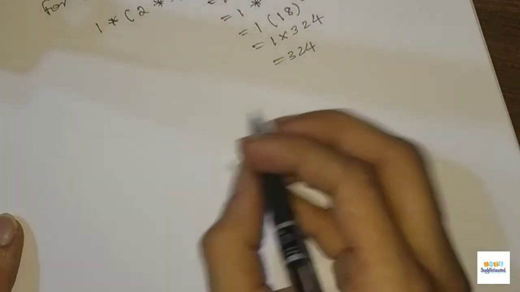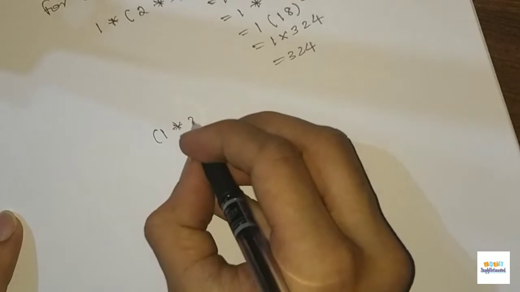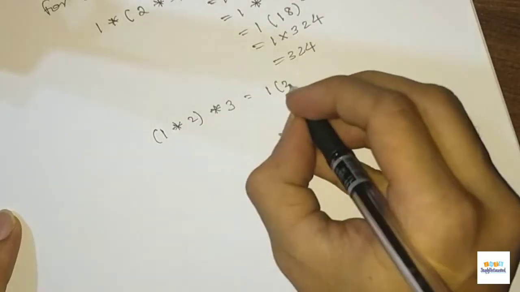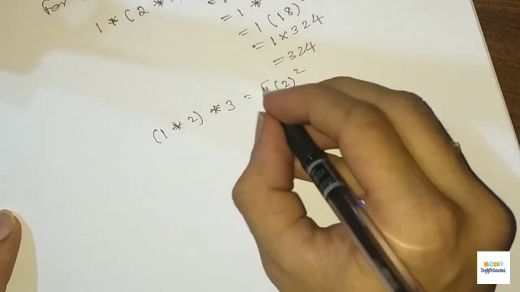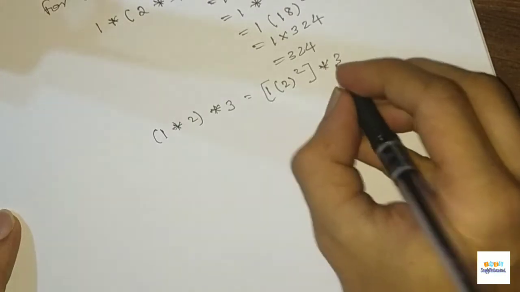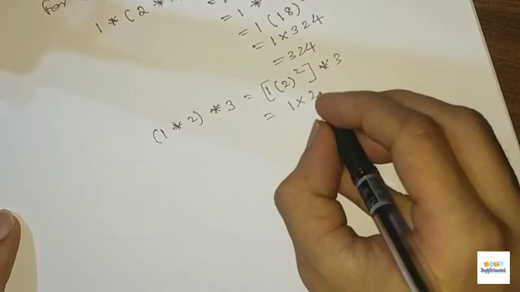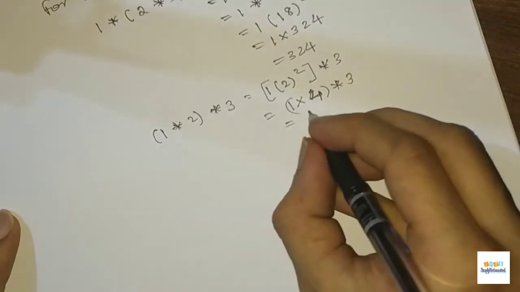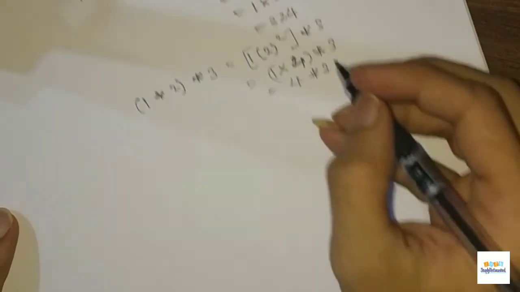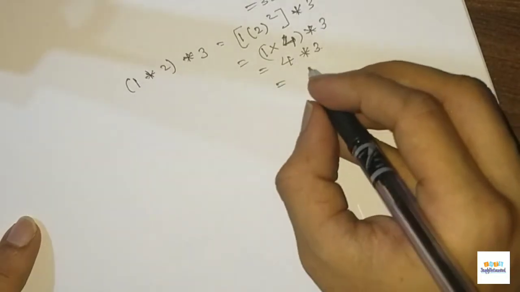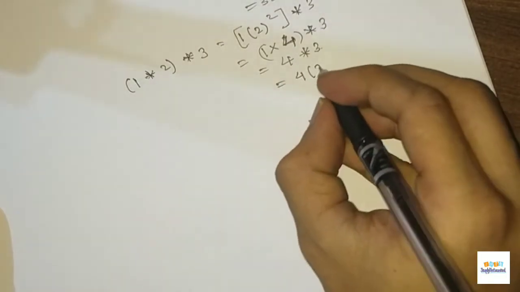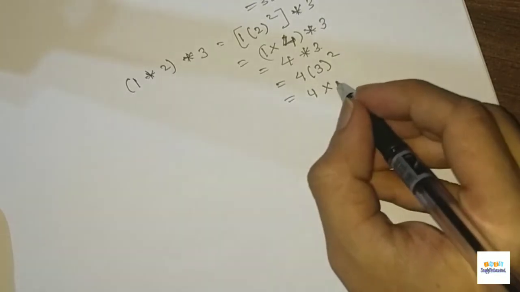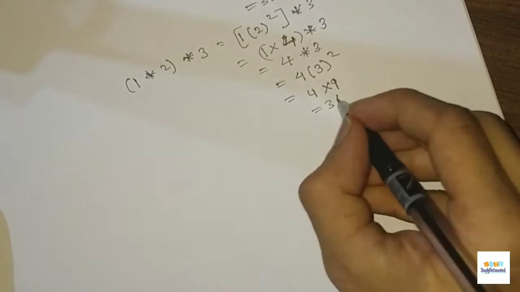Now let us take (1 star 2) star 3. This will be 1 multiplied by 2 square, star 3, which is 1 multiplied by 4, star 3. So this is 4 star 3. Now what is 4 star 3? It is 4 multiplied by 3 square, which is 4 multiplied by 9, which is 36.